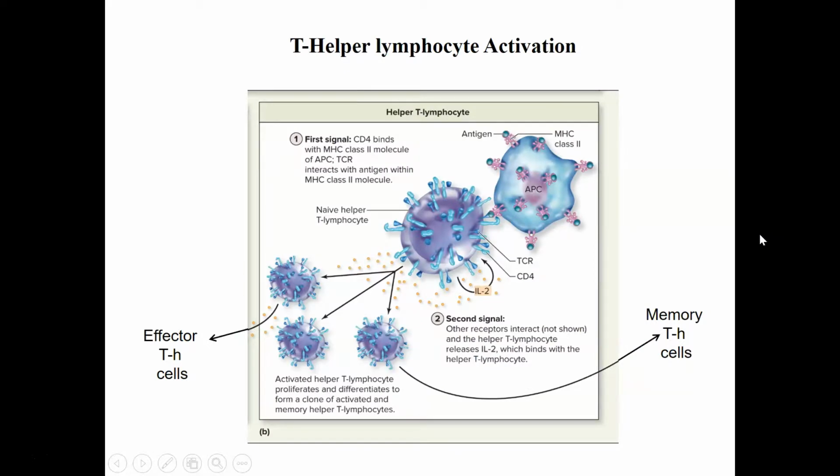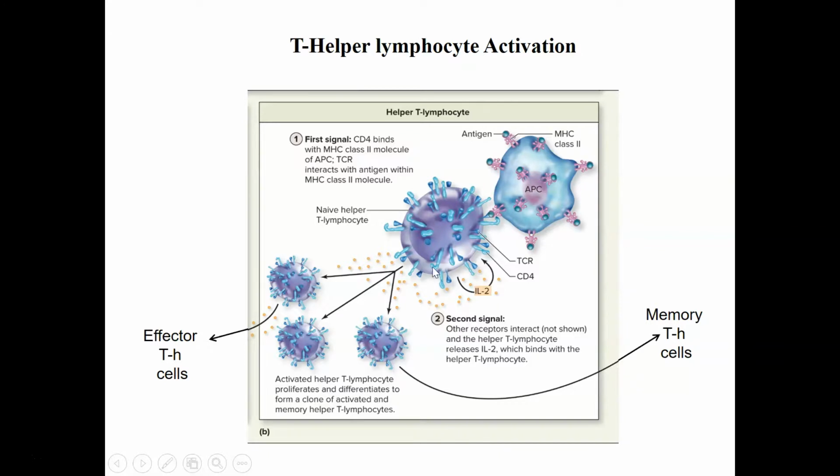So this slide is just summarizing the activation of the helper T cell. And so here is the antigen presenting cell presenting a foreign antigen coupled with MHC2. Here is a helper T cell that's responding by binding the antigen with its antigen receptor, and MHC2 is interacting with the CD4 co-receptor.